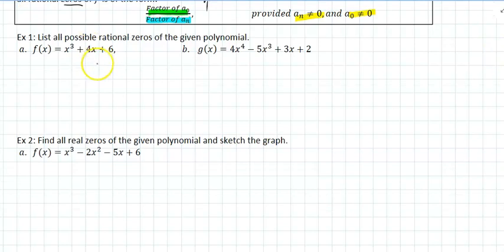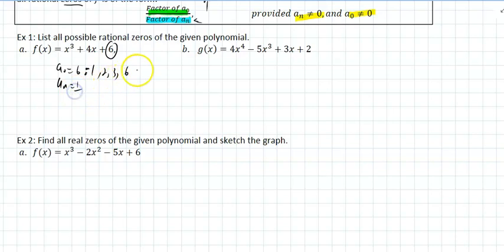Glancing at the first problem right there, list all possible rational zeros. Well, the constant is 6, and the leading coefficient is 1. So what are the factors of 6? Factors of 6 are 1 times 6 and 2 times 3.